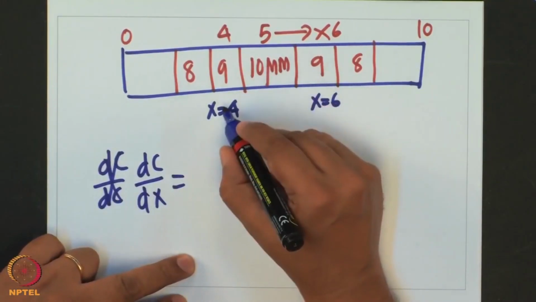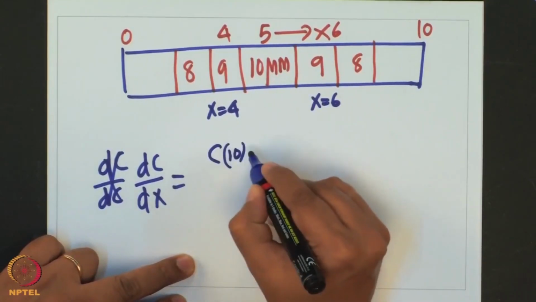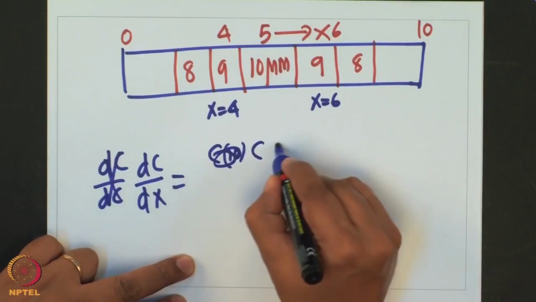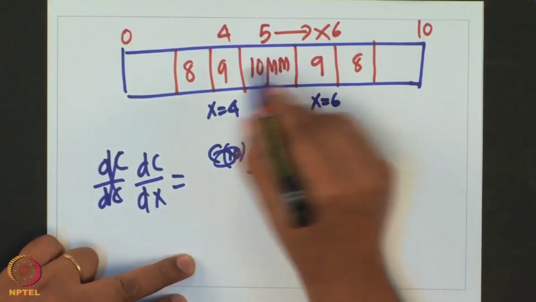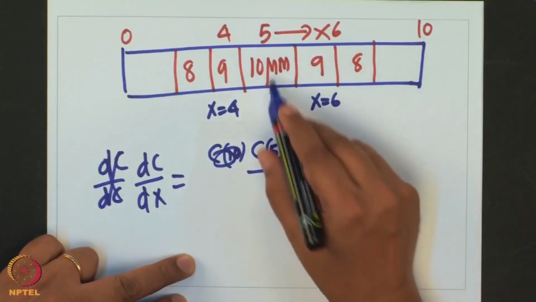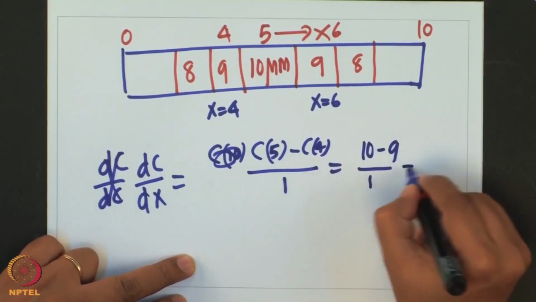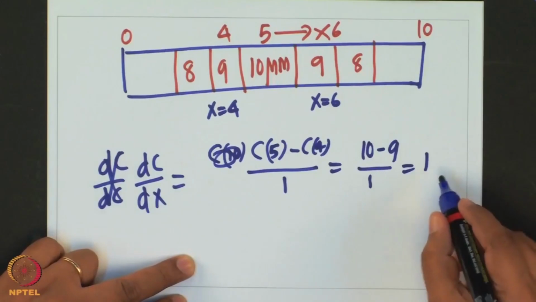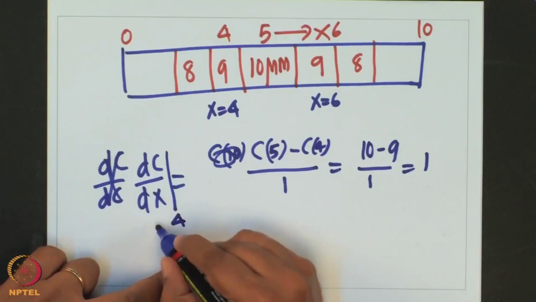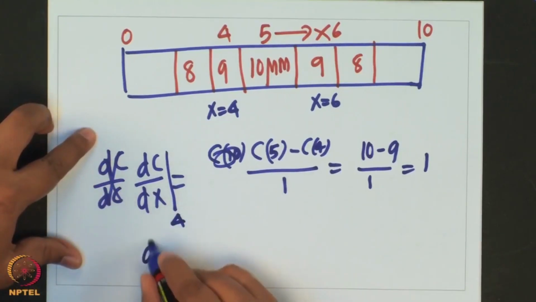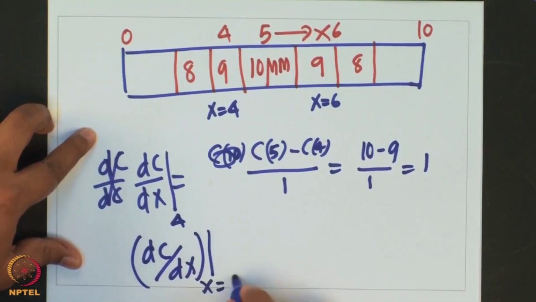So dC by dx at 4 is C at 5 minus C at 4 divided by 1. So this would mean 10 minus 9, which is 1. So the dC by dx is 1 here. So this is dC by dx calculated at 4. Now let us calculate dC by dx at x equal to 6.